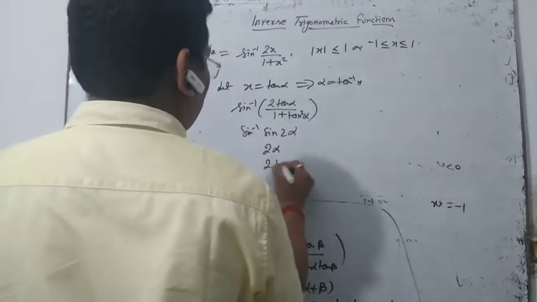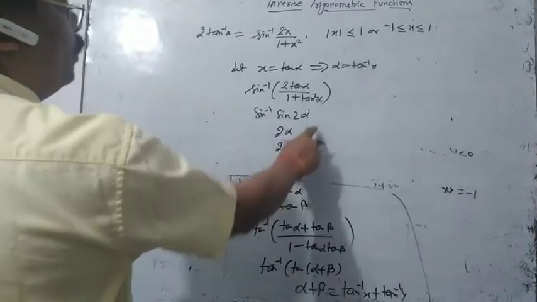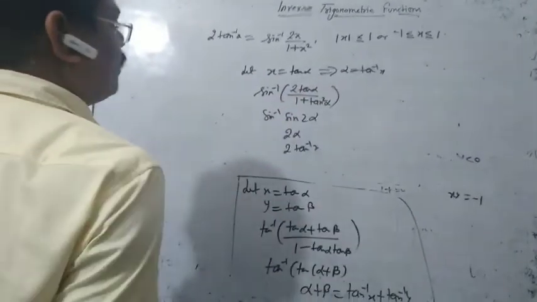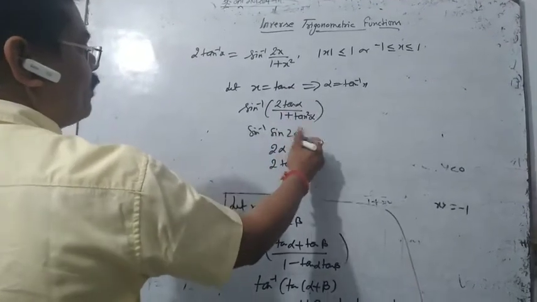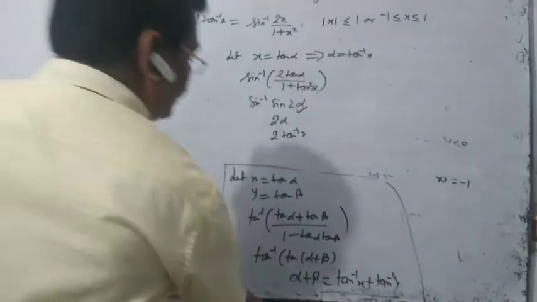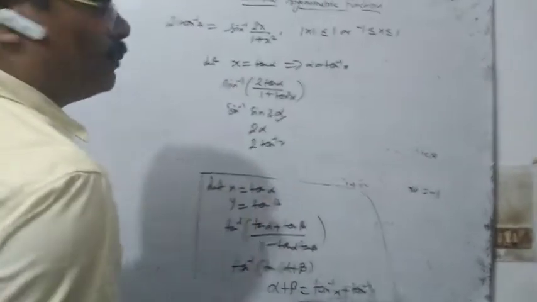This means 2 tan inverse x. You can prove this formula by using the sin 2 alpha form. 2 tan alpha upon (1 plus tan square alpha) is written as sin 2 alpha. Sin inverse sin 2 alpha is 2 alpha. Then alpha is tan inverse x, so 2 tan inverse x is written as sin inverse of 2x upon (1 plus x square).